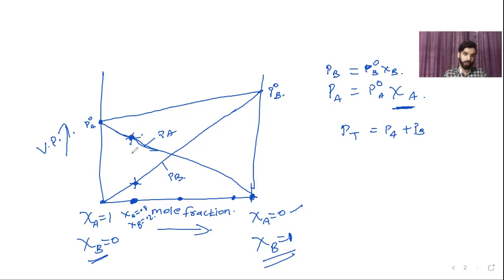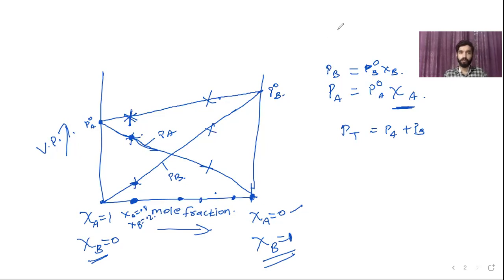P total is Pa plus Pb. When you add these two, you get this much. So at that concentration, P total is that much. Any other composition of A and B you take, at that point you get Pa, Pb and P total. So from this graph you can get Pa, Pb and P total for different compositions of A and B.